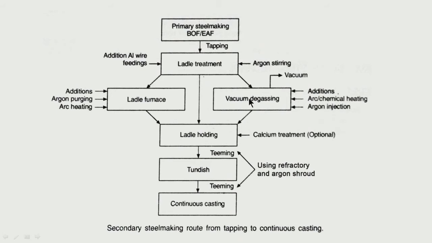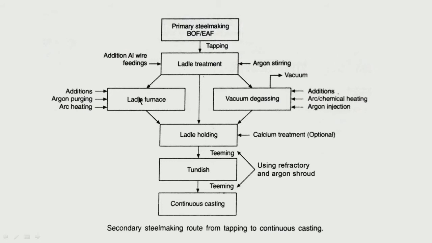Now if you want still better quality of steel, we want good desulfurization, we want degassing. So what is the way out? We have to take the ladle to the ladle furnace. So what is possible here? Additions are possible. Additions means we want to form a good quality slag of high basicity, because CaO has to be more, then only desulfurization will be possible.